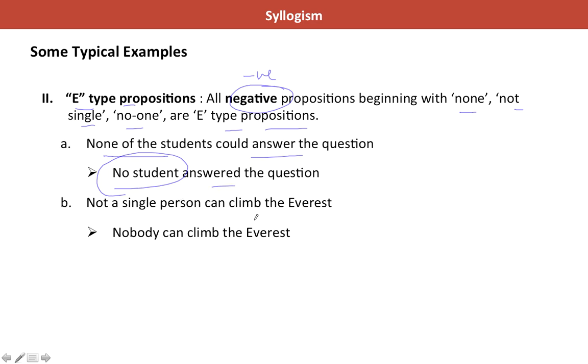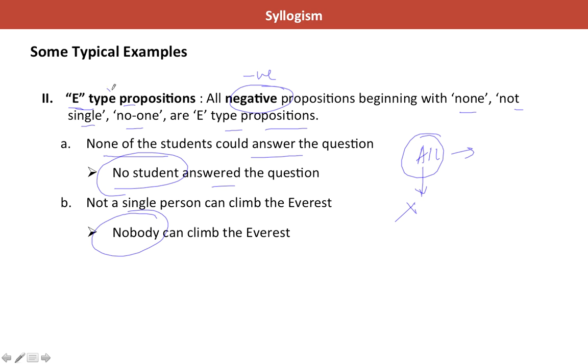Not a single person can climb the Everest. It means that nobody can climb the Everest. So it is basically again this none, not single, no one represents all, but in a negative sense, such that none of them, not even one of them, can do this thing. That is why it's a negative proposition, and we have these E-type propositions.